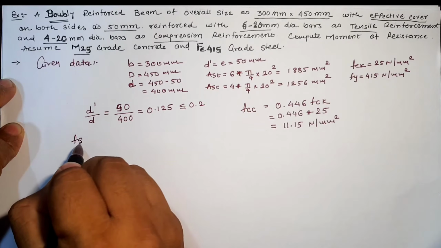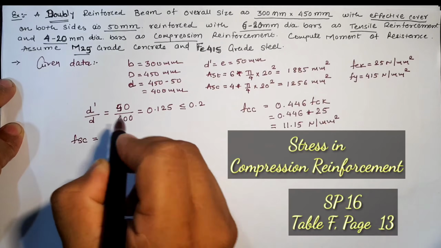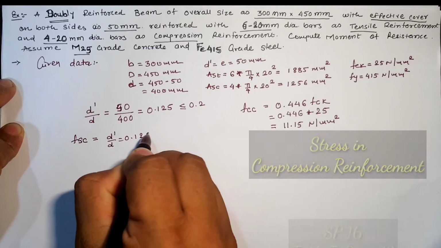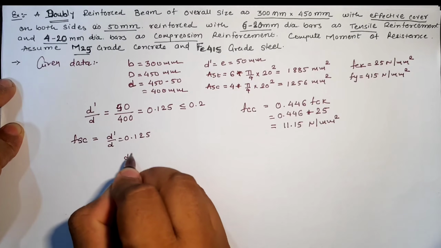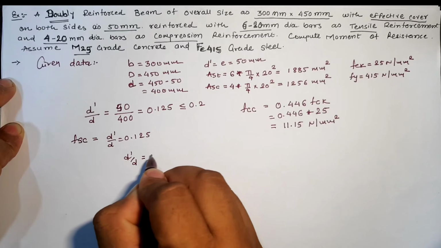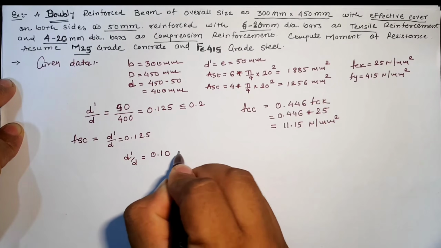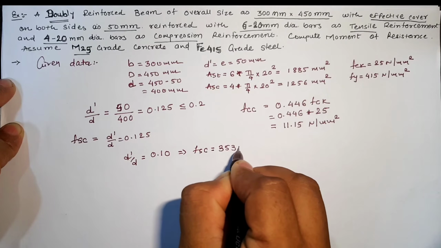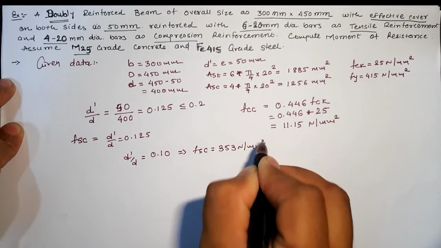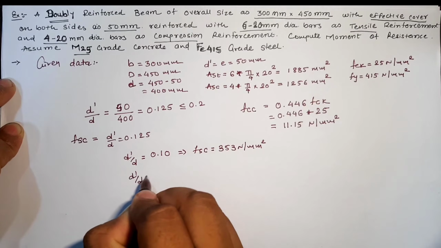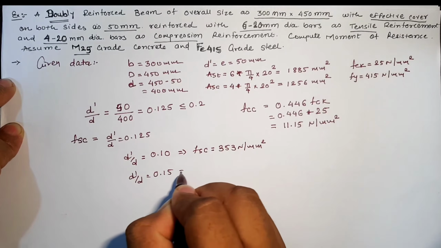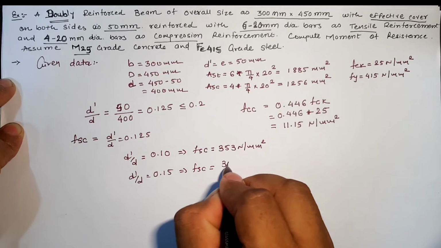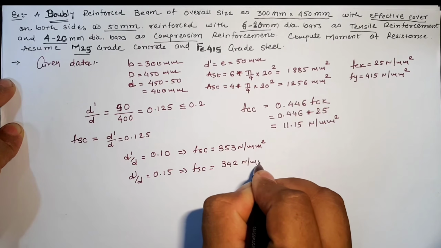And for fsc, our d dash by d ratio is 0.125. Hence, for d dash by d equal to 0.10, the fsc value is 353 Newton per mm square. For d dash by d as 0.15, our fsc value is 342 Newton per mm square.